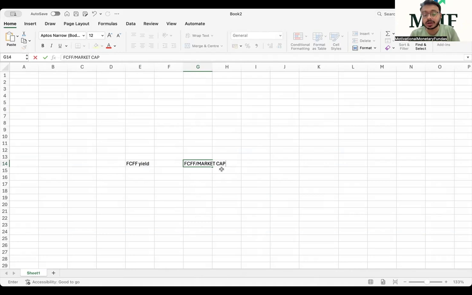And that is why I'm not dividing it by the price per share. It is the total market cap. $3.8 billion is the free cash flow, and I divide this by, sorry, 50 billion dollars being the market cap. I get 7.6%. I can convert this to percentage.